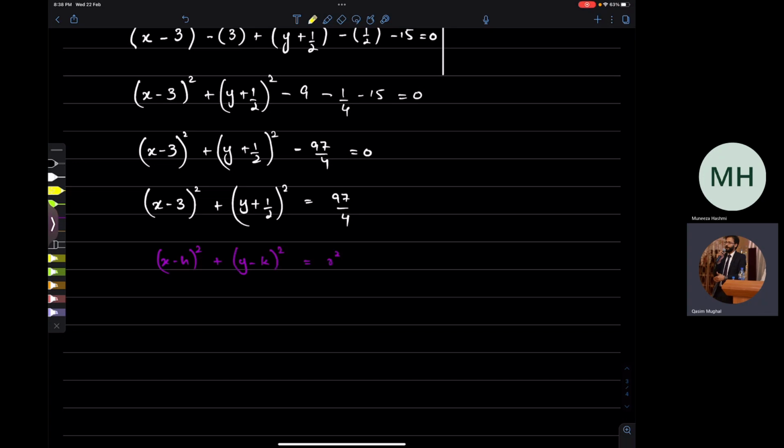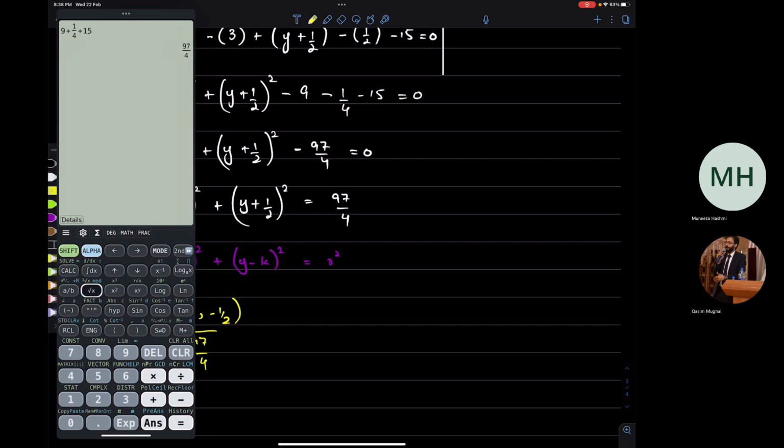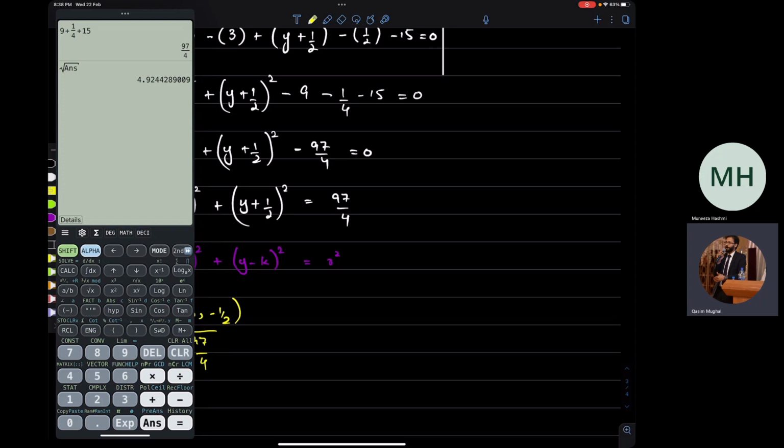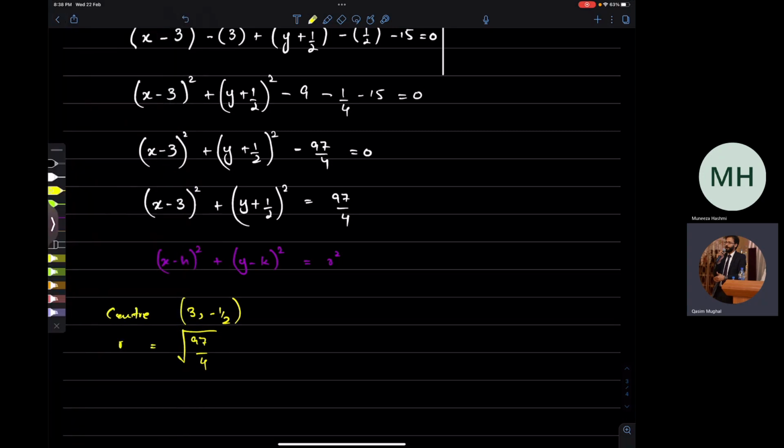If I want to know the center, that's going to be 3 and minus 1 over 2. That's the center. And the radius is going to be the root of 97 over 4, and if I work that out, I should get 4.92 units.